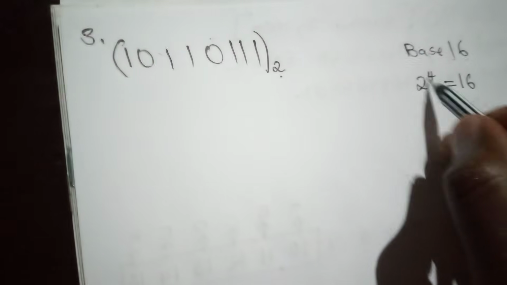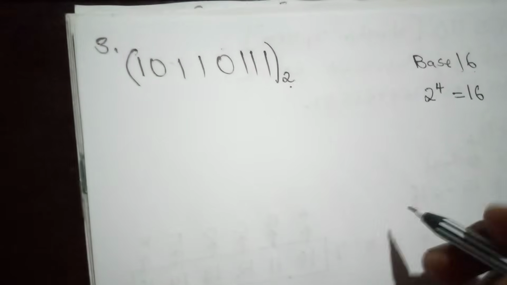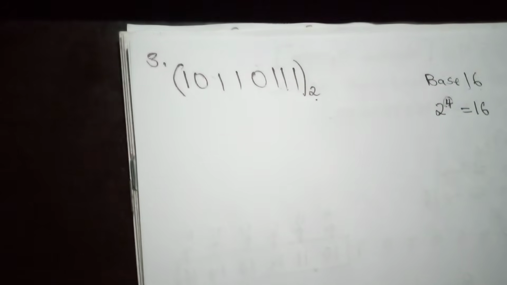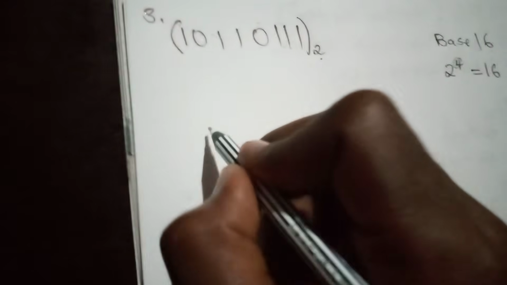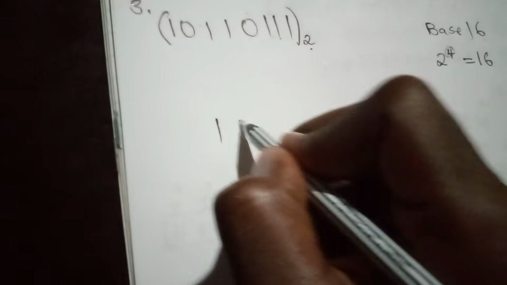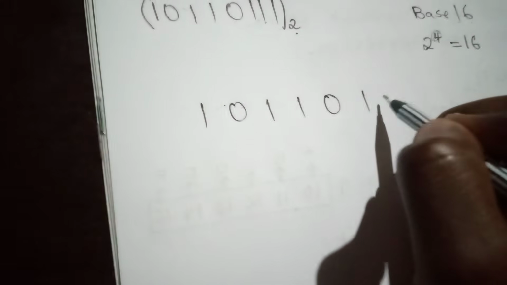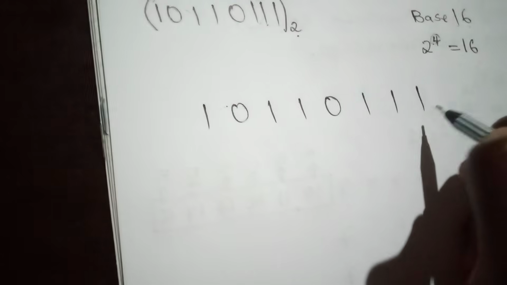Now that simply means that you are going to group these binary numbers that you have been given in groups of 4 each. So let me do this. Let me rewrite that same binary number. So that is 1 0 1 1 0 1 1 1.